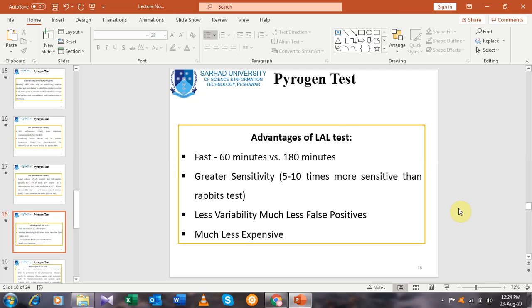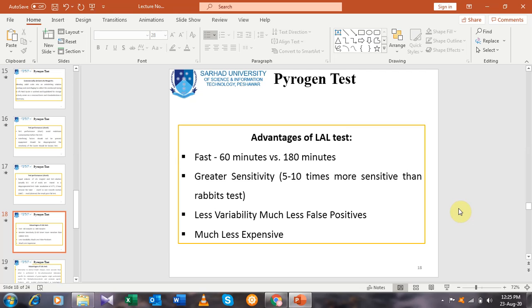There are different advantages on the basis of which we prefer the LAL test, that is the Limulus Amebocyte Lysate test, where the lysate from the horseshoe crab is used, having a similar mechanism: in the presence of the endotoxin, the lysate solution having the protein undergoes an enzymatic reaction that results in the formation of the proteinaceous gel.